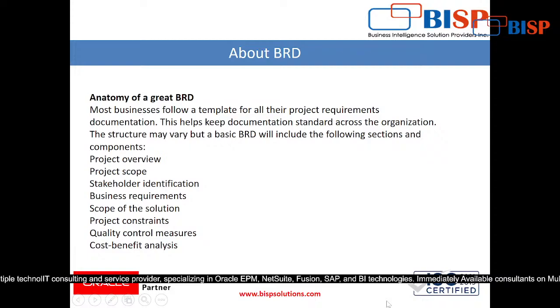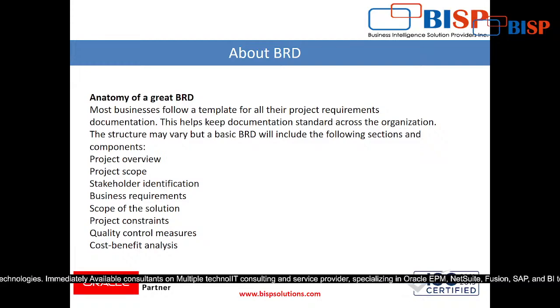In a BRD, first of all, you have to identify what they are doing, what their current process is, what their scope is, that means what we are going to provide them, and the stakeholder identification, meaning how many people are going to use the document. Then business requirement, scope of the solution, then project constraint, meaning what type of constraint you are going to face. That means a change in the procedure that you work with daily.